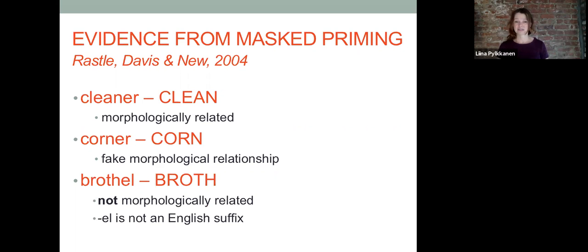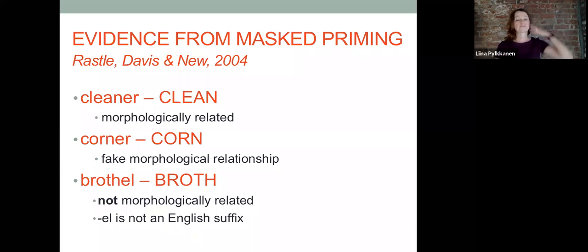It's not an English suffix. And therefore, this pair is not morphologically related and not even pseudo-related, because you can't superficially decompose the form brothel into broth and L, because L is not a suffix. Okay, so that's the crucial difference between corner, corn and brothel, broth.